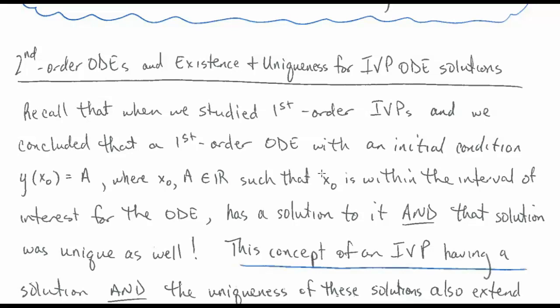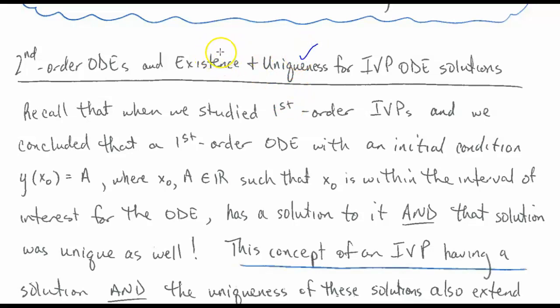And those two initial conditions are going to find specific values of C1 and C2. And when I put those specific values into the general solution, I am going to have a unique solution, okay? So that's where the uniqueness part comes from.